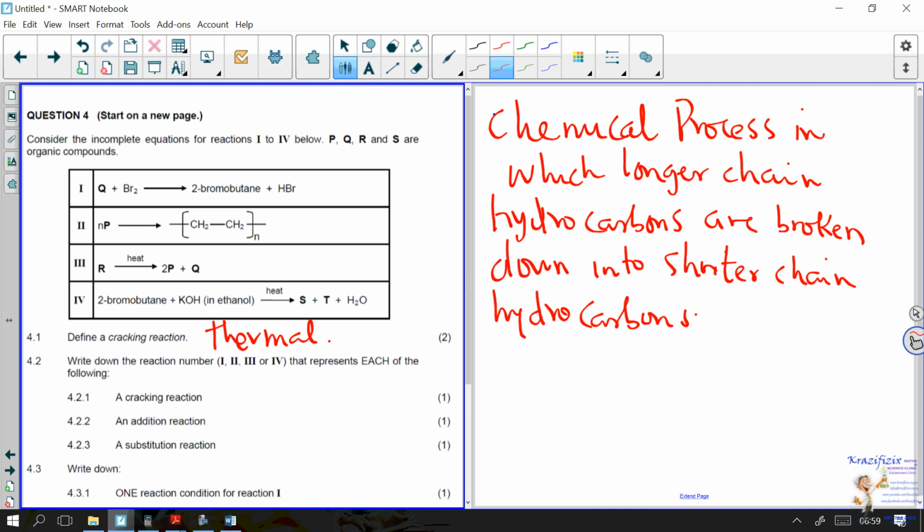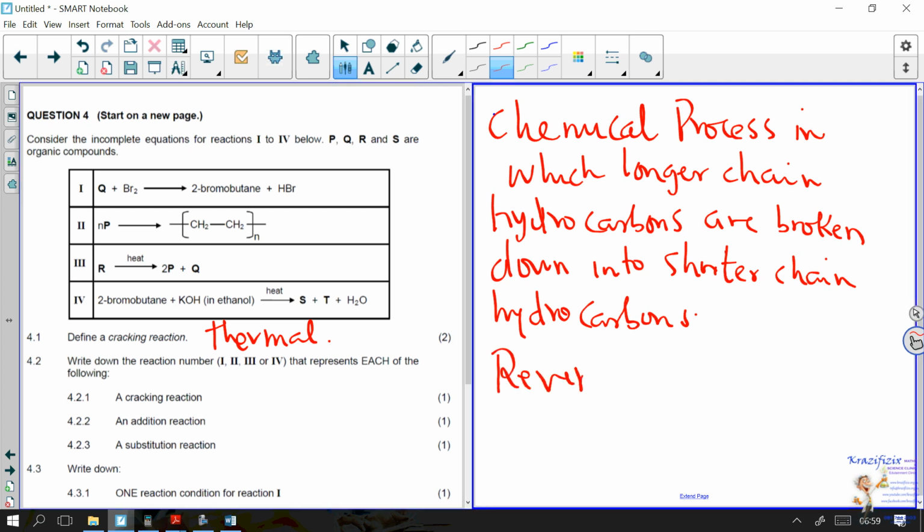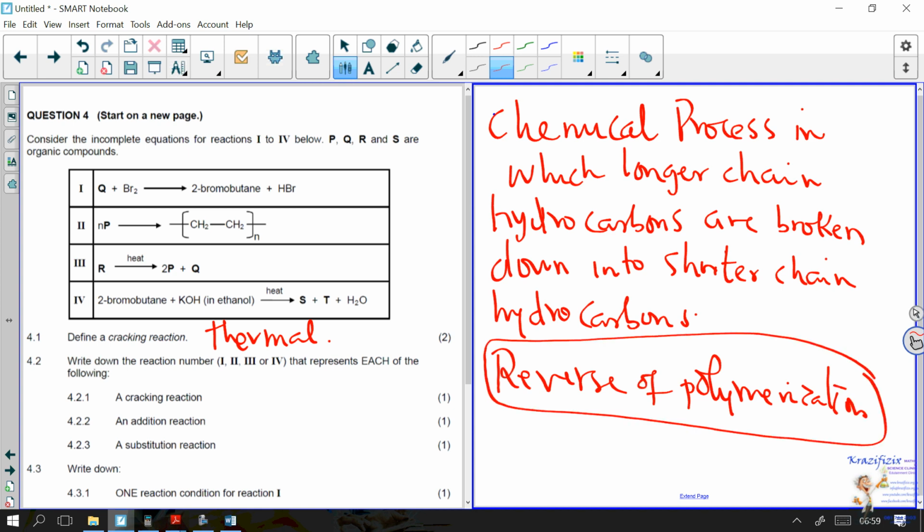Write down the reaction number 1, 2, 3, 4 that represents each of the following. A cracking. Now, we did cracking. Cracking must be the opposite. Actually, let's say that it is the reverse of polymerization, but don't define it like that. We just want to explain the reverse of polymerization. So which reaction is polymerization?